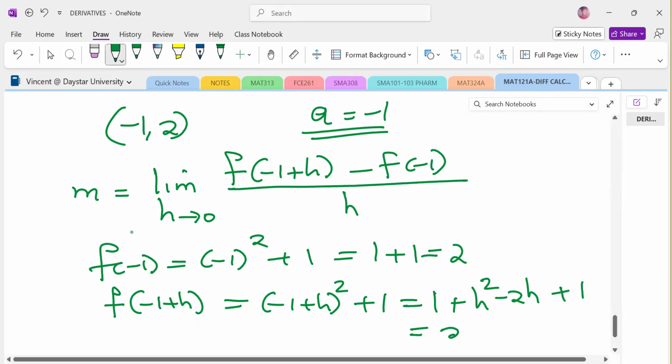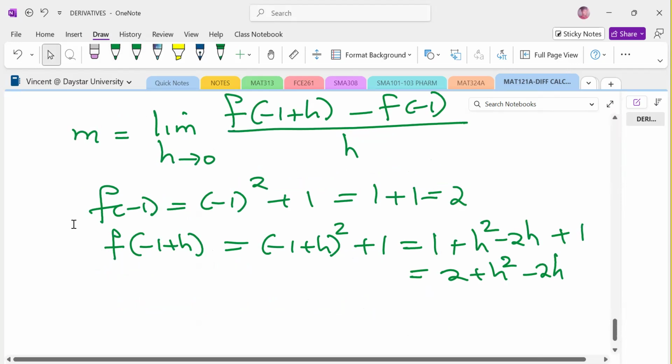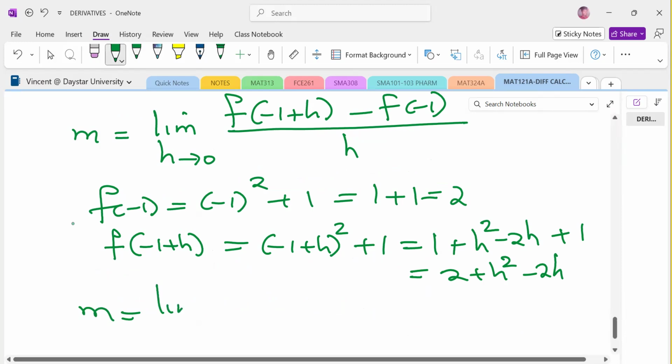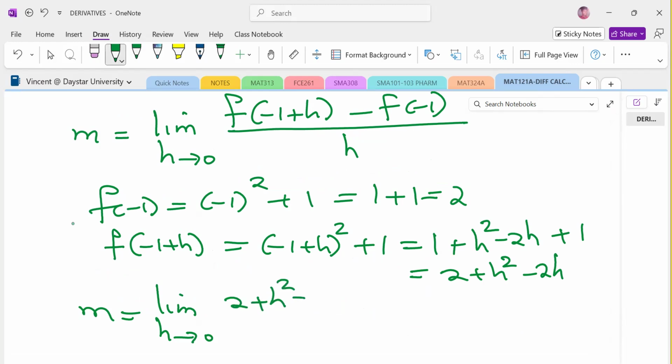So this will be 2 plus h squared minus 2h. So that your m will be limit as h approaches 0 of 2 plus h squared minus 2h, then minus 2, divided by h.